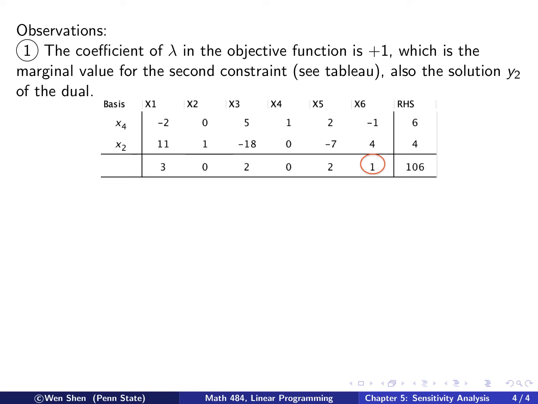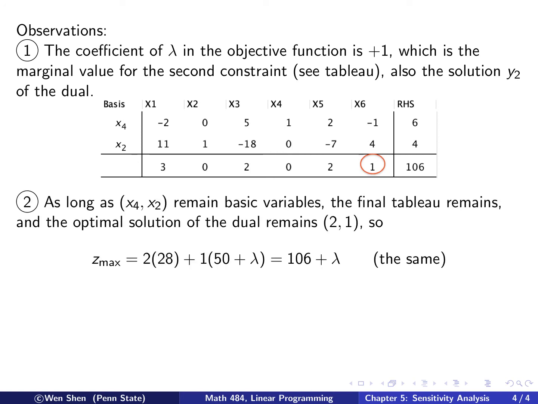If we look at the tableau here, we see that x5, x6 were added as slack variables. x6 is for the second constraint, and it has the marginal value of 1. Then we also know that this is the second element in the solution y star of the dual problem.